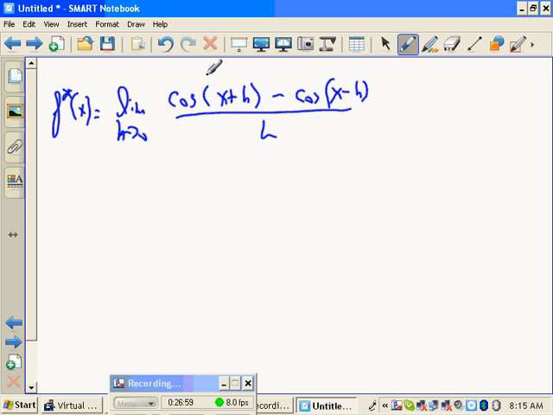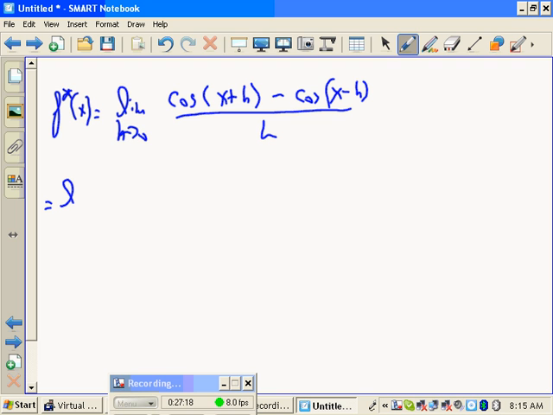Now if I gave you this on a test like on Friday, I would give you the identity that expands cosine of alpha plus beta. But we used it the other day, do you remember? Cosine, minus sine. That's where the negative sign comes from, the minus sine. All right, so I'm going to write it that way.